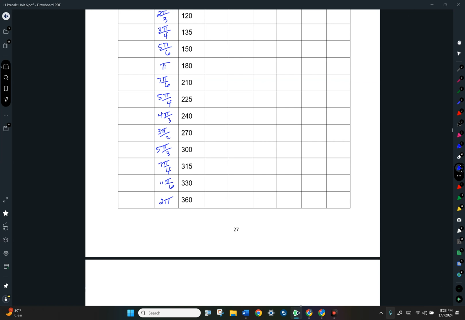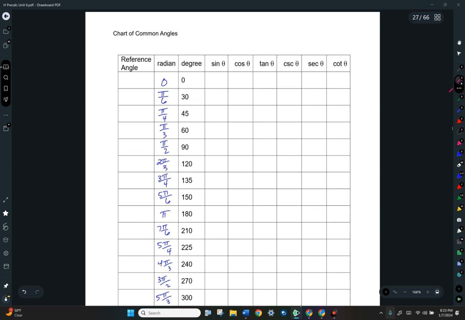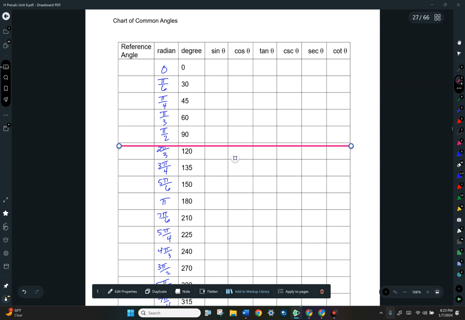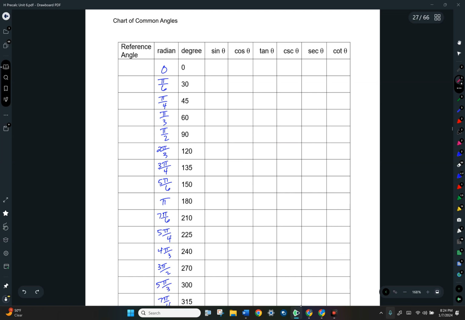It might be helpful if we divide up these quadrants. So let's draw a line right here, 0 to 90, and then I'll show that our first quadrant is right above that. I can scooch that up a little bit. Good enough.